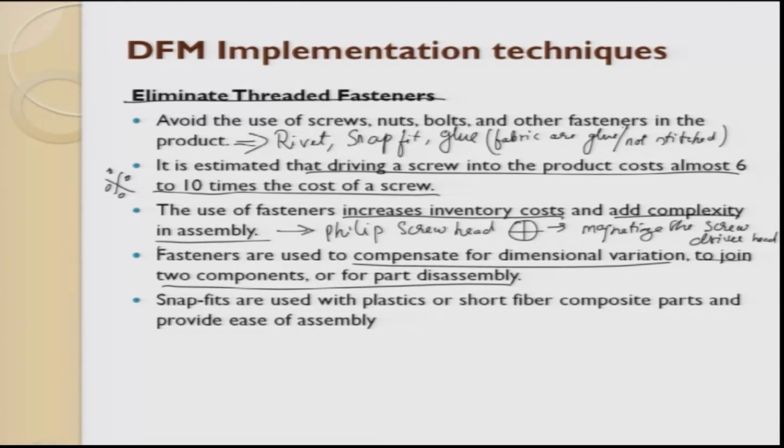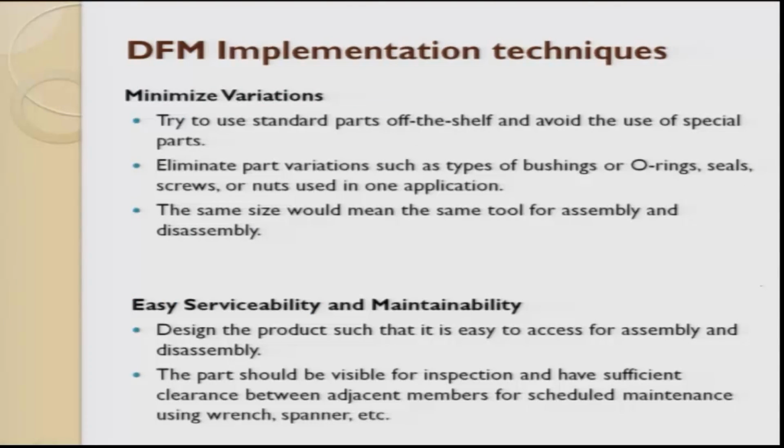But friends, try to make sure that these dimensional variations are not there, and if at all you have them, try to use glue for fastening, because glue takes care of shear load also. Shear and compression loads it can take. Snap fits are used with plastics or short fiber composite parts and provide ease of assembly.